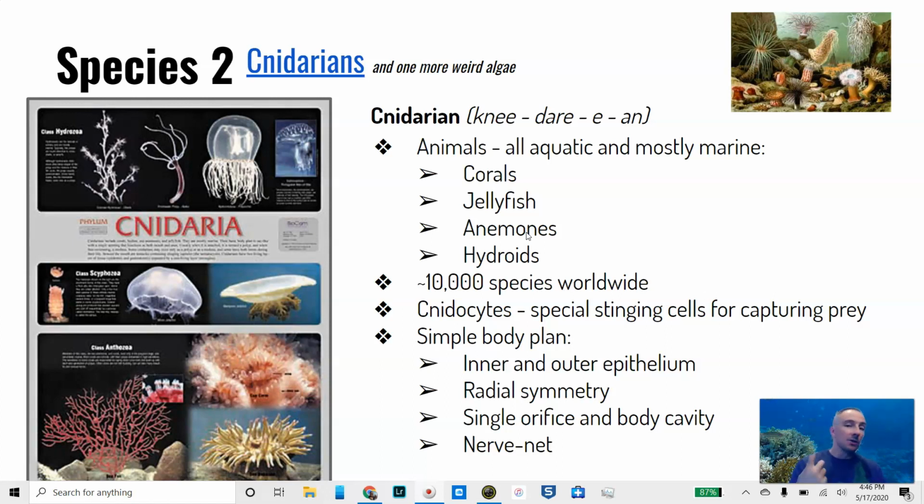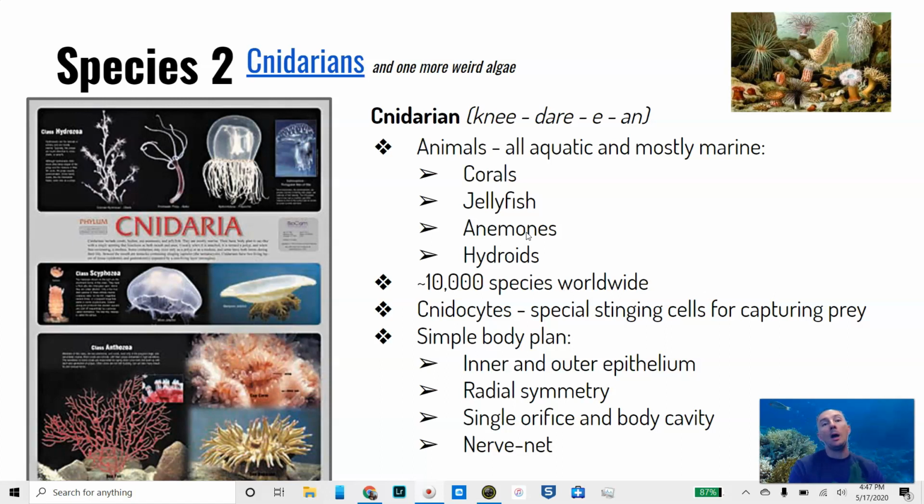They have radial symmetry. So all cnidarians have radial symmetry, meaning they don't have a right and a left. They can have kind of a top and a bottom, but they don't have a right and a left, just like there's no right and a left side to a wheel. A single orifice and body cavity. They take in food through an opening, and then they spit that food back out when they're done digesting it, out of that same opening.